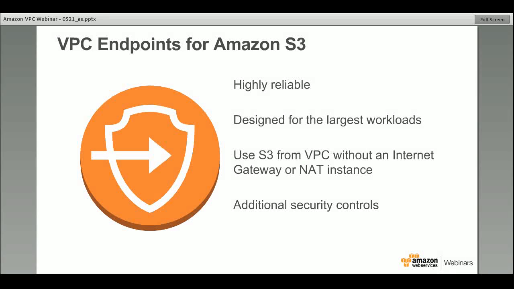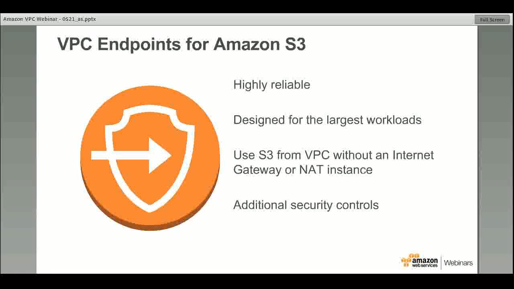Endpoints for Amazon S3 was designed to be a highly reliable capability, and it's designed for the largest workloads. There are probably two key capabilities of this feature. One is that it allows customers to use Amazon S3 for object storage without needing to have either an internet gateway or a NAT instance in the VPC. This allows access to S3 using the private IP addresses of your instances.